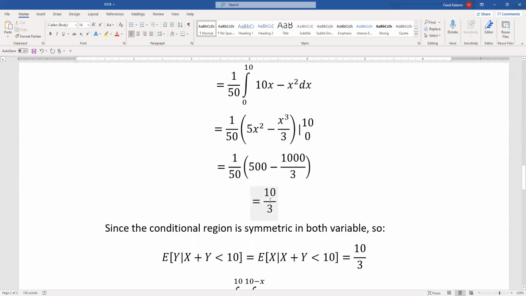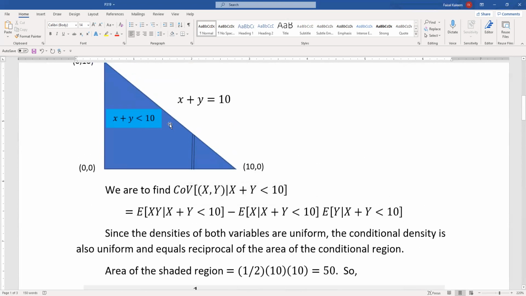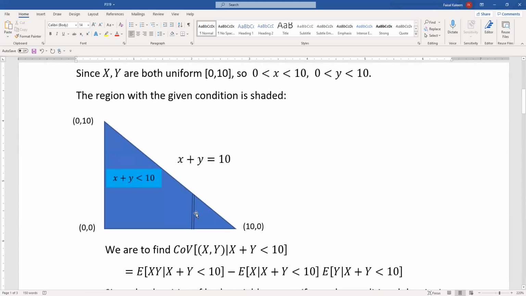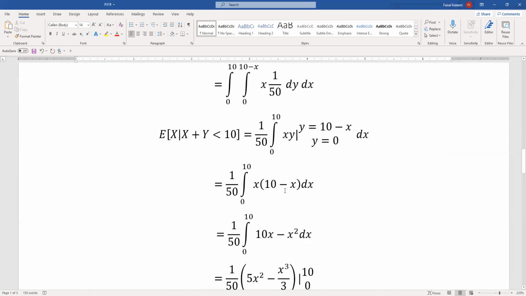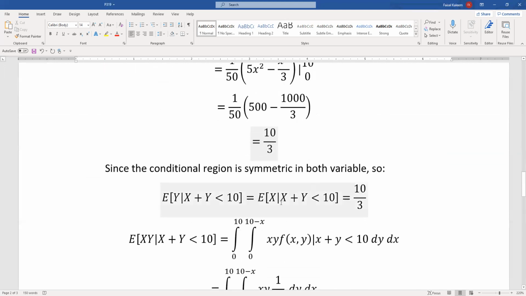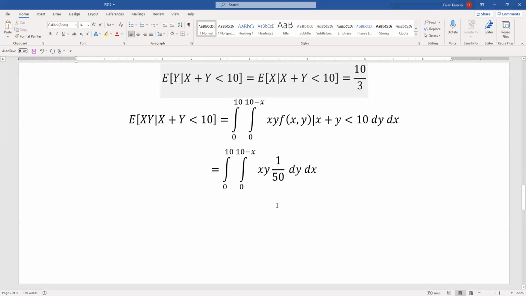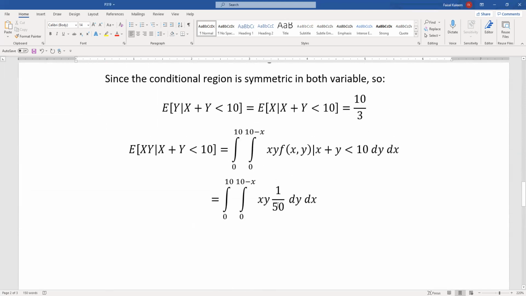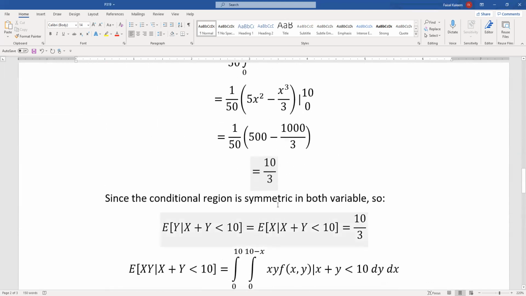Now the region is completely symmetric with respect to both variables. Doesn't matter which way you are looking at it. And therefore, the expected value of y given x plus y is less than 10 will be equal to the expected value of x given x plus y is less than 10, so they're both 10 by 3.